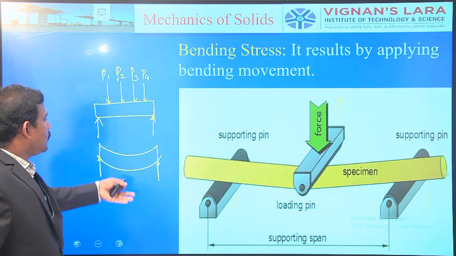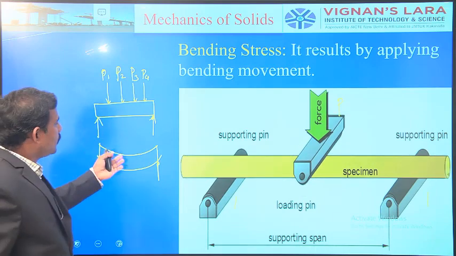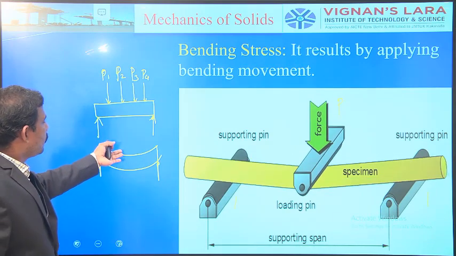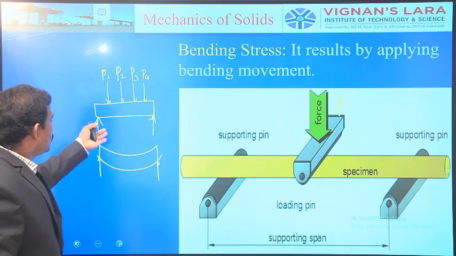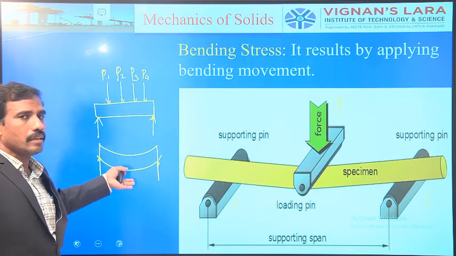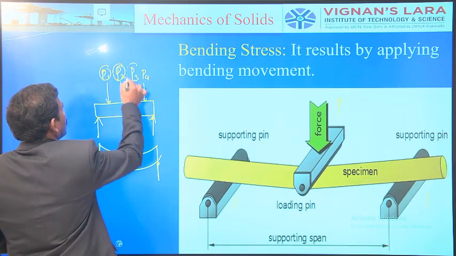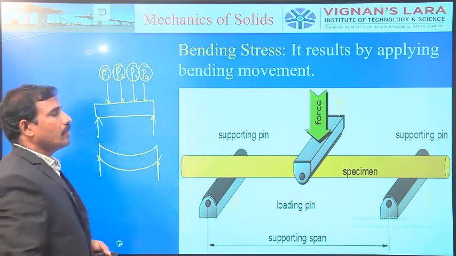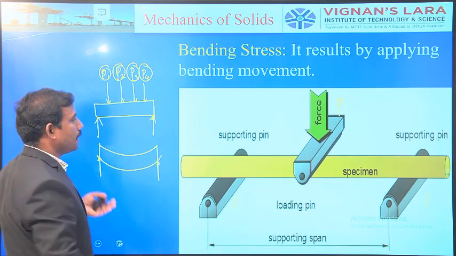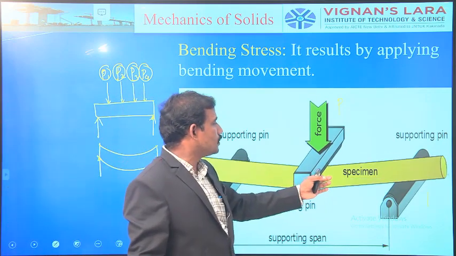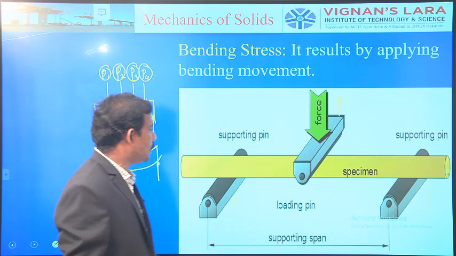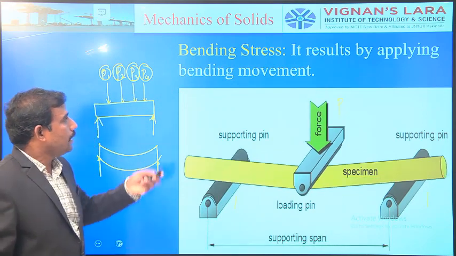So there is a deformation. Look at the figure, there is a deformation. That deformation is called strain. The resistance offered by the body to the applied forces or the weights of the moving vehicles is called the bending stress. This animation gives a better explanation regarding the bending stresses.